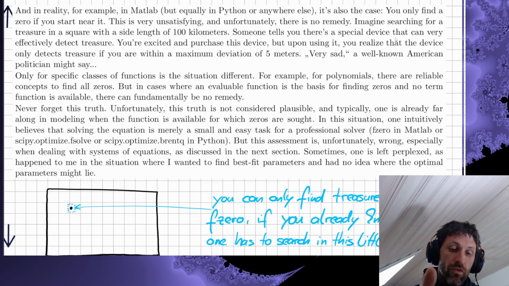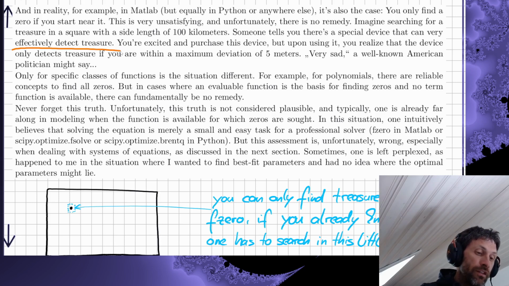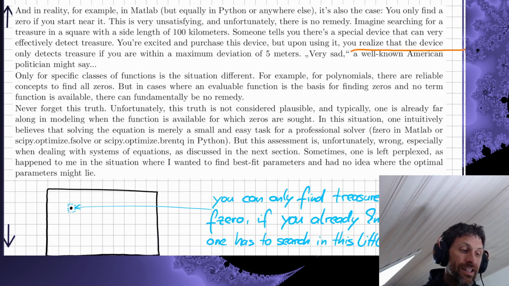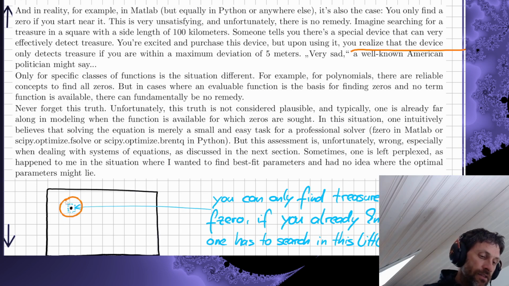Maybe you heard that they are very effective in finding the roots, or in finding the treasure. You are very excited and say, okay, I will buy that device. And when using it, you realize that the device only detects the treasure if you set appropriate starting values which are close to the thing you are looking for.